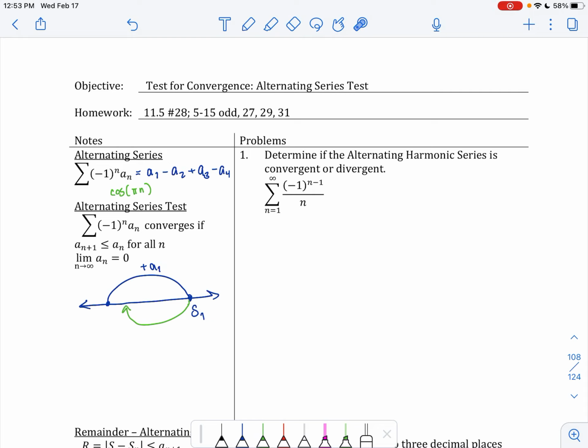But because the value is less than the one before, it's not going to go past 0. It's going to be positive, and then back here. But since it's shorter, this is going to be minus that term, and we've got our next finite sum. Our next term is positive again, but it's of a smaller value.